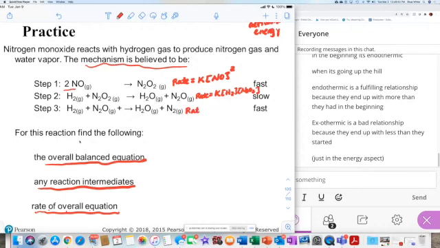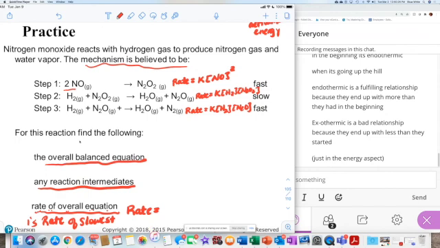Third one, rate equal K, H2, oh, no, hold on. H2, N2O. Okay, so I wrote the rates of each so that here, rate of the overall, remember, rate of the overall reaction is rate of slowest reaction.